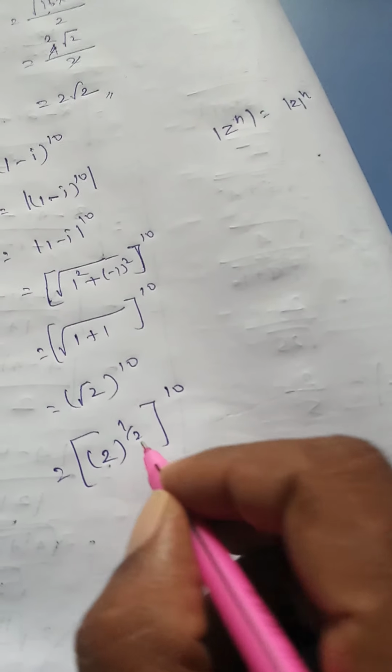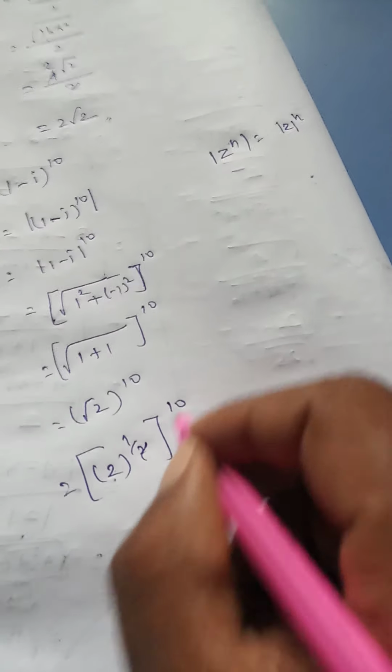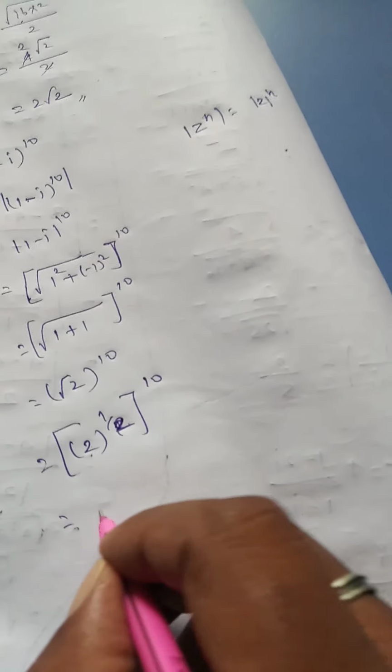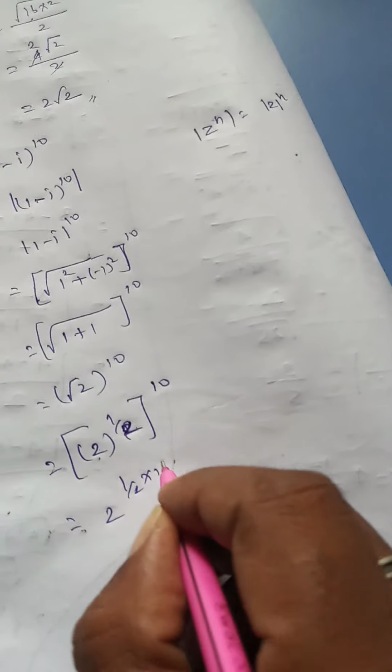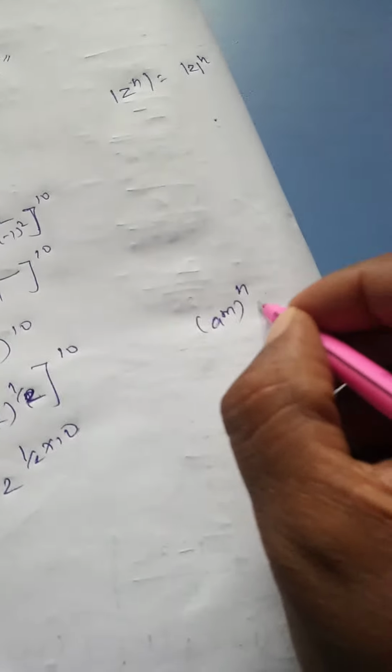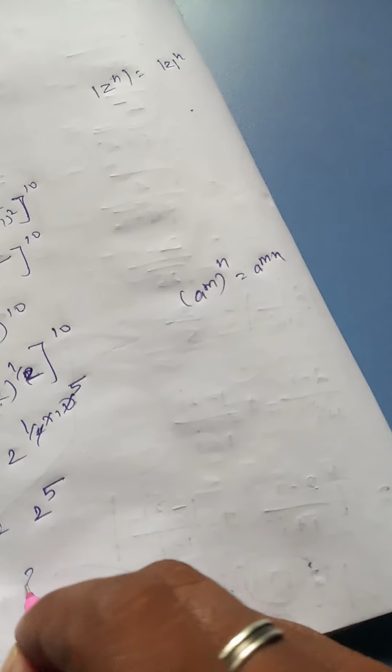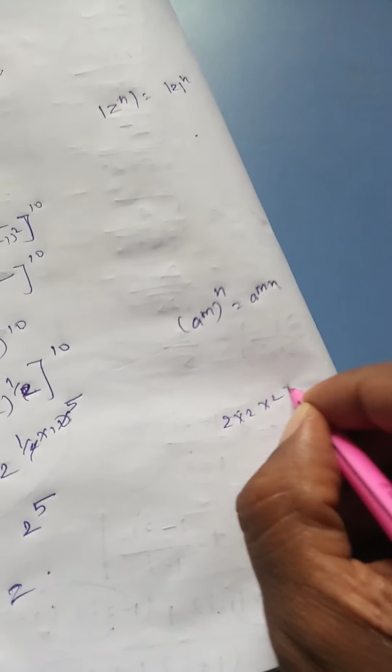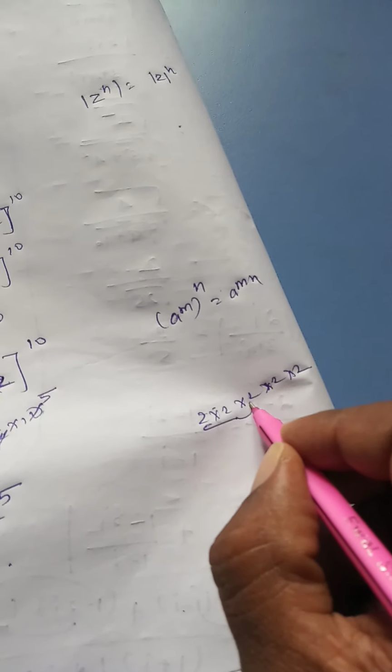Next step, 2 power 1 by 2 into 10: a power m whole power n equals a power mn. 1 by 2 times 10 is 5, so 2 power 5, which is 2 into 2 into 2 into 2 into 2. 2 twos are 4, 4 twos are 8, 8 twos are 16, 16 twos are 32. The answer is 32.